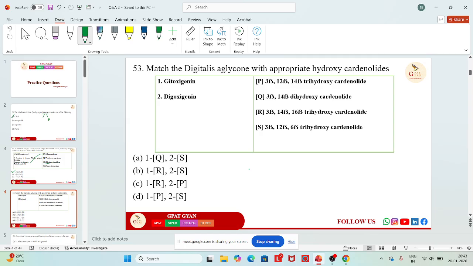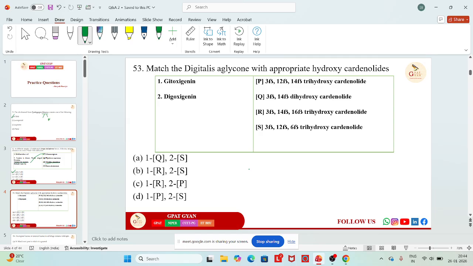Digitoxygenin, gitoxygenin, diginatigenin and gitaloxygenin. Digitoxygenin, gitoxygenin, diginatigenin and gitaloxygenin.